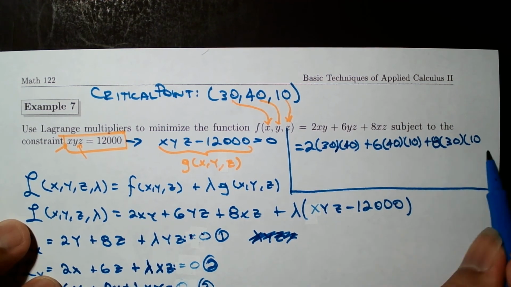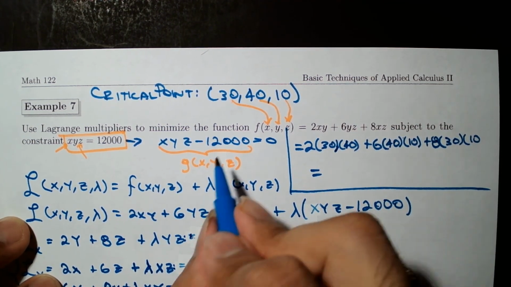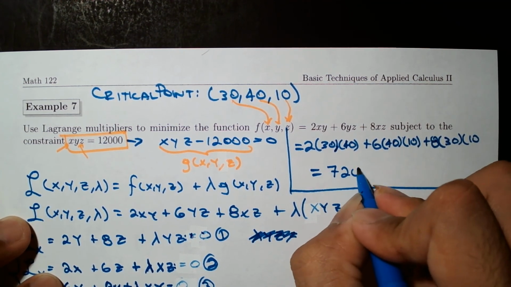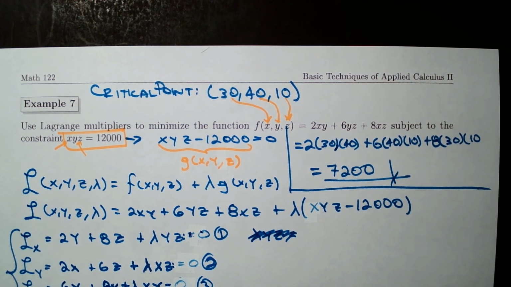If you use a calculator for all this, you will get that the maximum value for this function is 72,000.